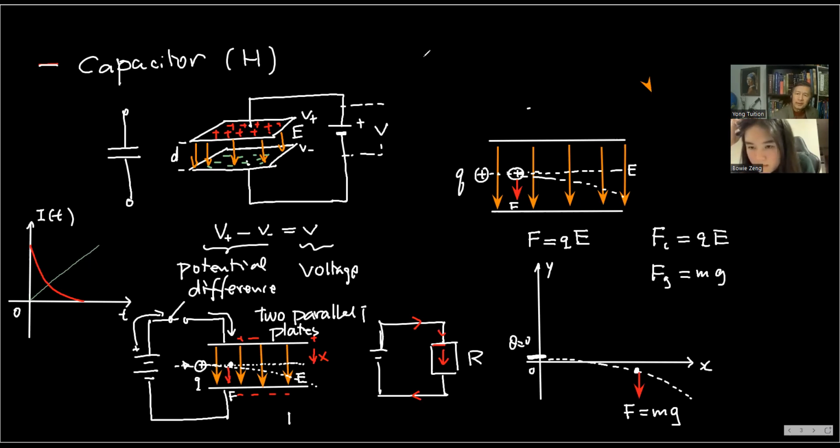Another piece of knowledge is this: if we know the voltage across these two plates, we should be able to work out the electric field. In this case, the electric field can be simply written as the voltage divided by d.